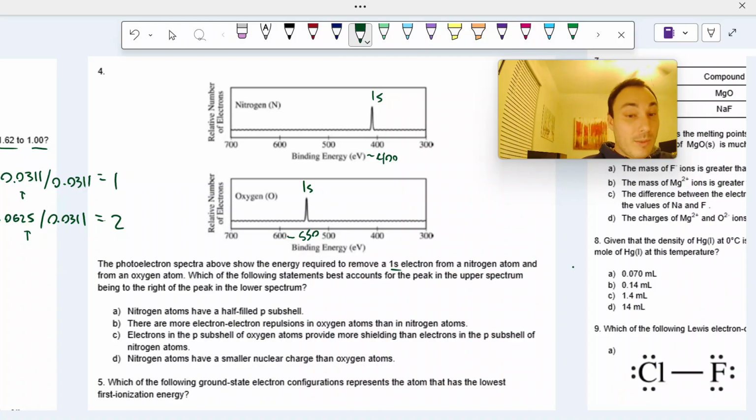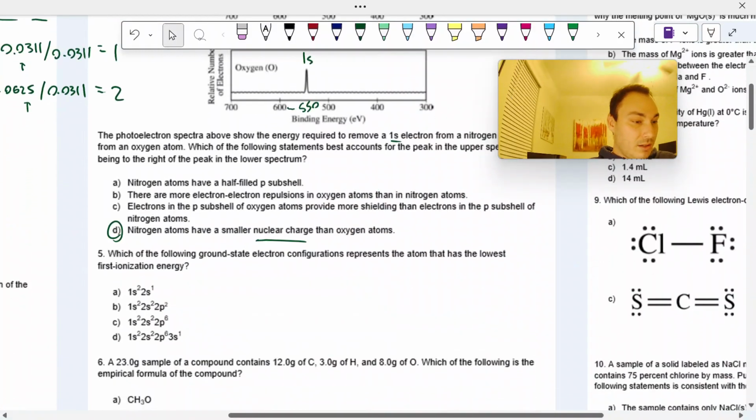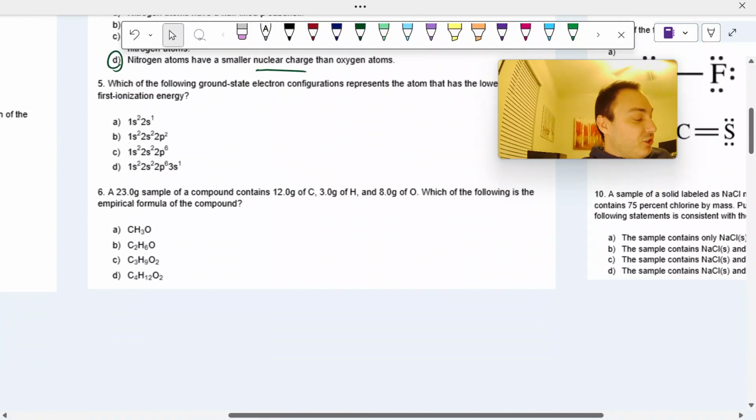They're just trying to throw chemistry terms on you and see if one sticks. The answer is nitrogen atoms have a smaller nuclear charge. Nuclear charge, if you recall, is that Coulombic attraction between the nucleus and the electrons. So it is the nuclear charge option, D. I should be checking my work as I go. Let me see. It is D.